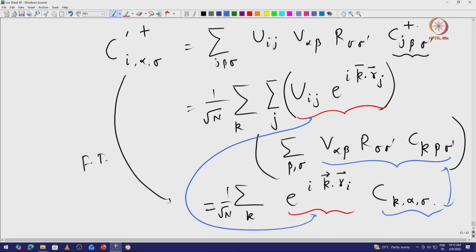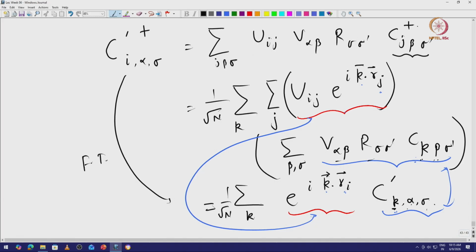But one thing we have to be careful about: once we see how a position Ri changes to Rj, how Ri and Rj are related to each other by a given symmetry, that would change whether you still stick to the same k point or not. And that will manifest in, under this symmetry transformation, C prime k, whether it is related to Ck for the different orbital and spin, that depends on the symmetry of these two.